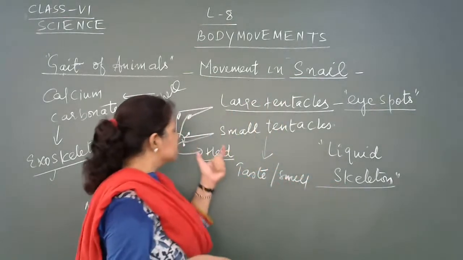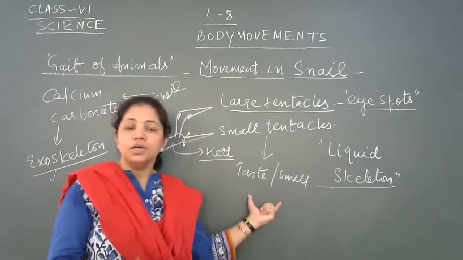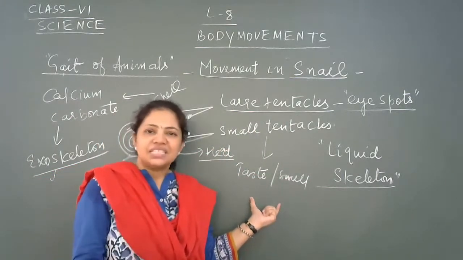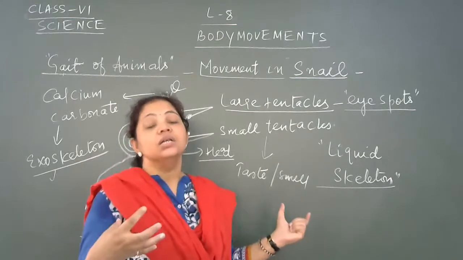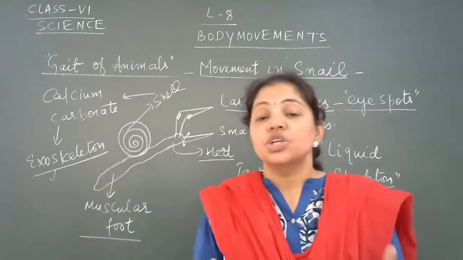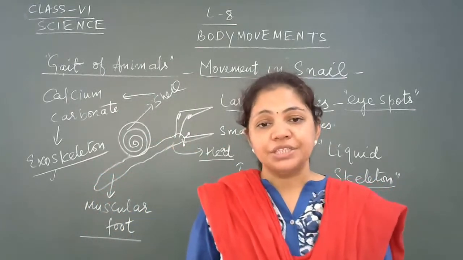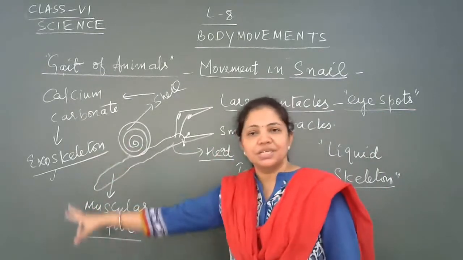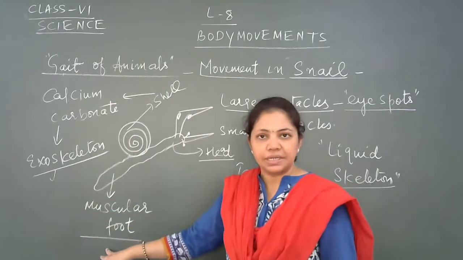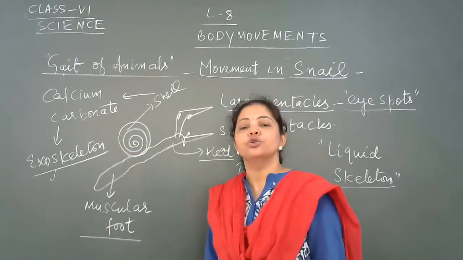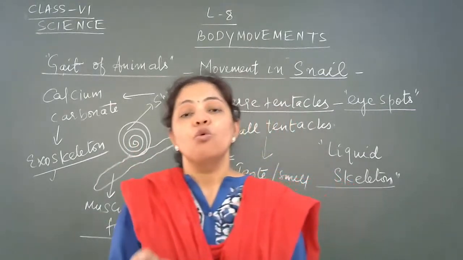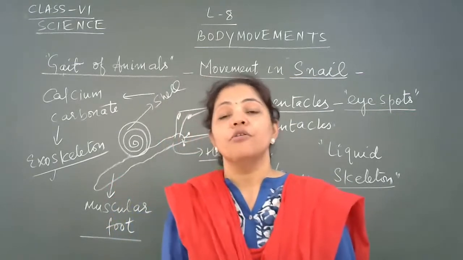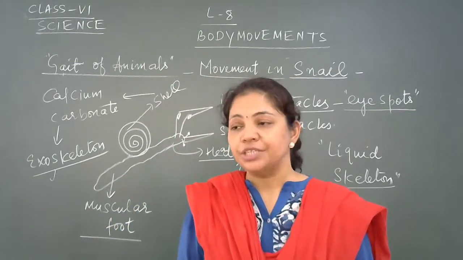And second, small tentacles, they help a snail in tasting or smelling the substances or things which come in their way, right? And the muscular foot, which is present in the rear end of the body of the snail, helps in the movement of the body of the snail, right?